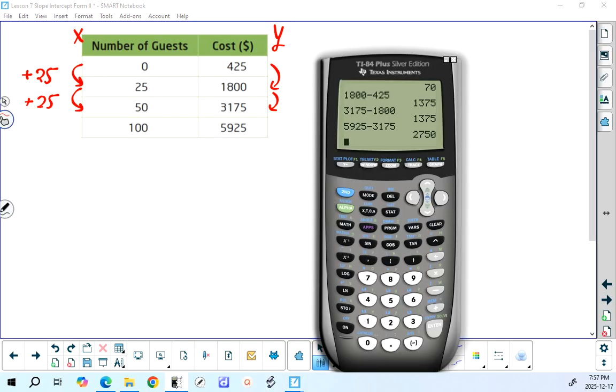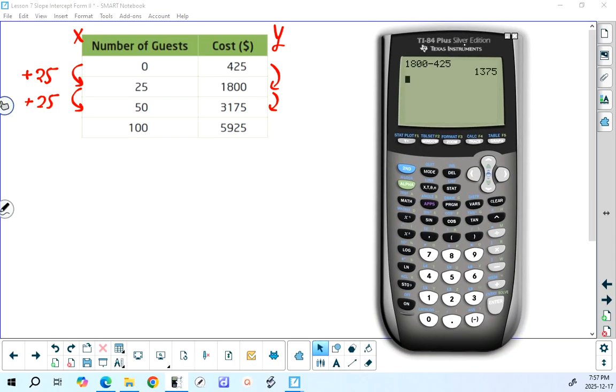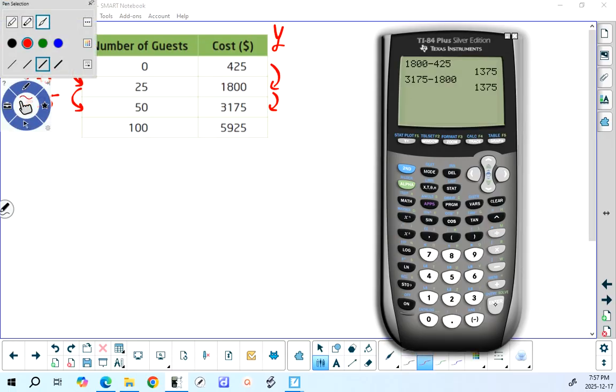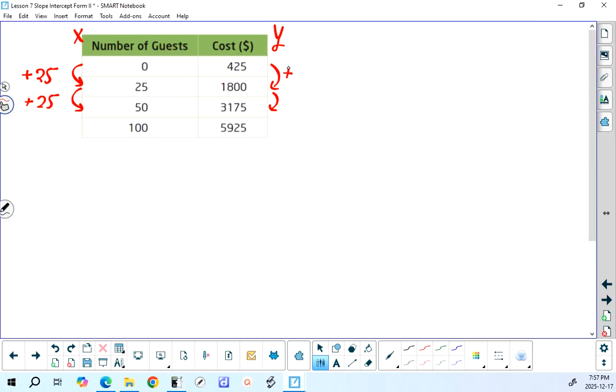Well, I can take 1,800 minus 425. 1,800 minus 425 gives me 1,375. If I take 3,175 minus 1,800, it's 1,375. So these are both going up by 1,375.